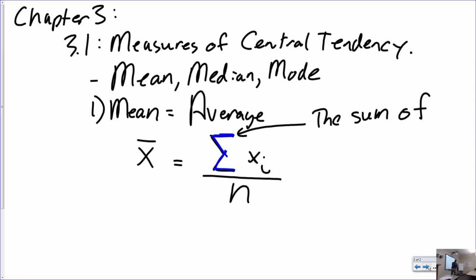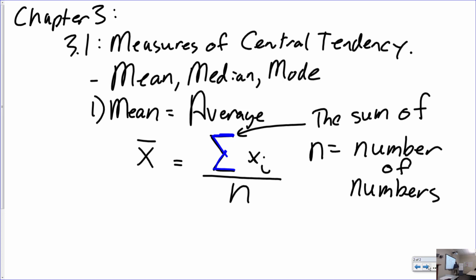And then guess what n stands for? Number of total numbers, yes. And that is also relatively standard notation in almost all statistical studies. Whenever you see little n, that's the sample size, okay?